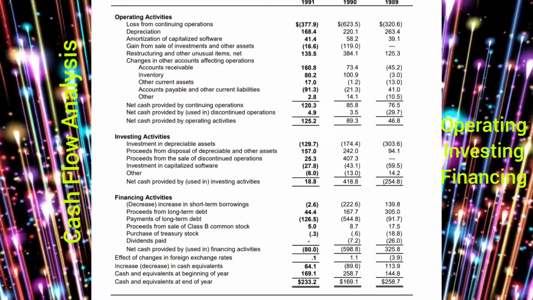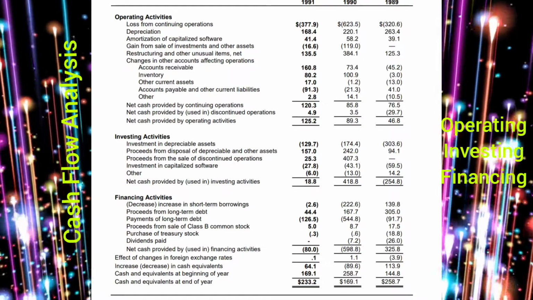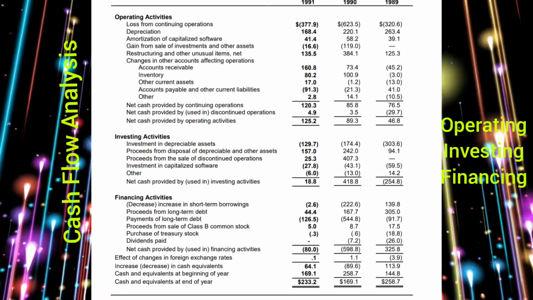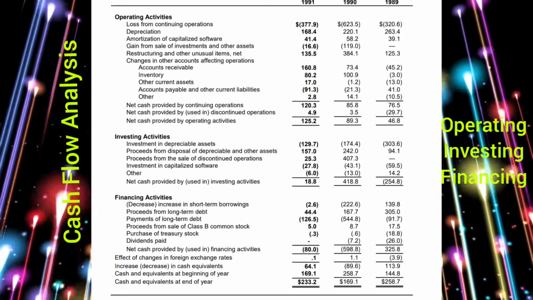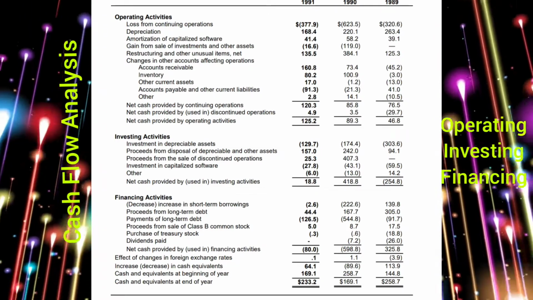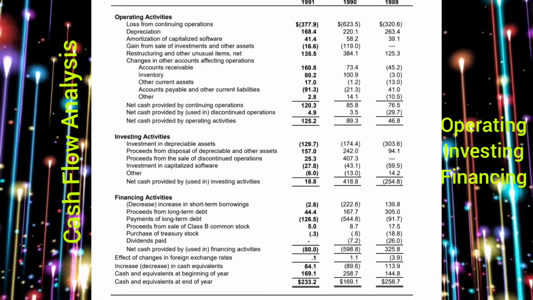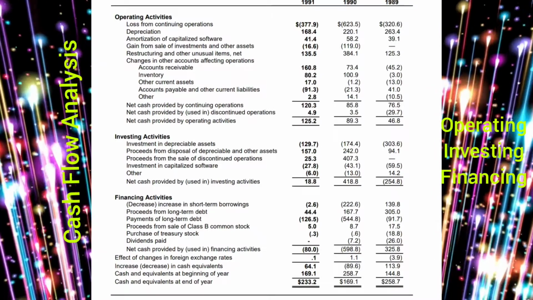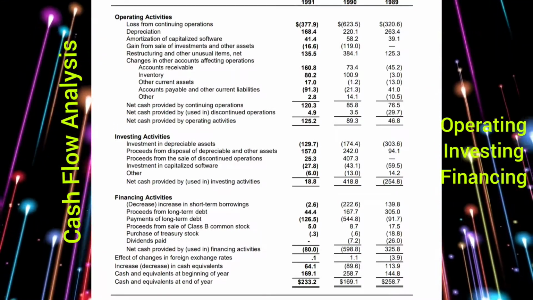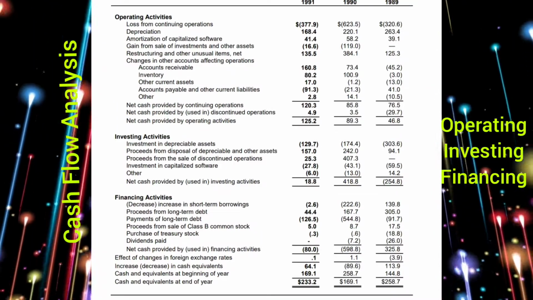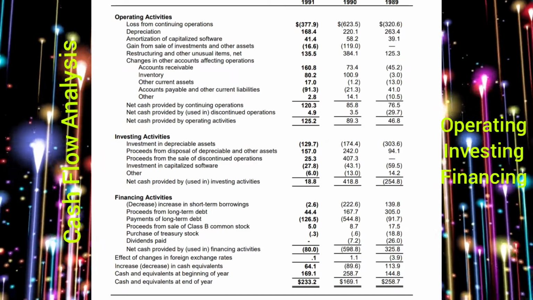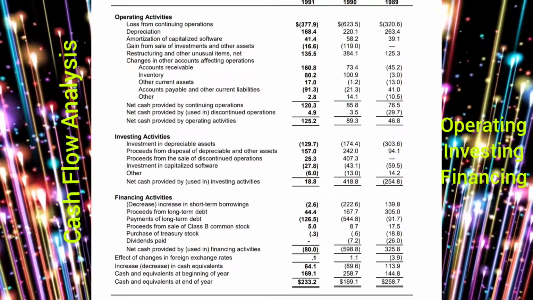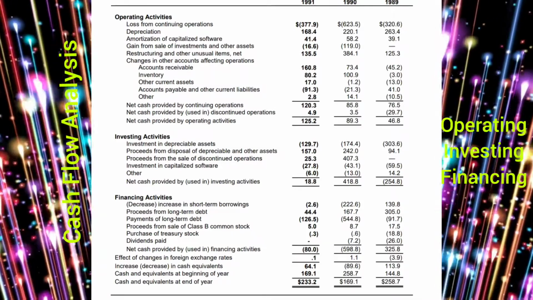Again, when I'm looking at 1990, I am saying CFO is greater than net income. The positive reasons are the same as in 1991: depreciation, software amortization, restructuring, unusual items, and accounts receivable going down. The negative reasons are accounts payable being down and loss on sale of asset.